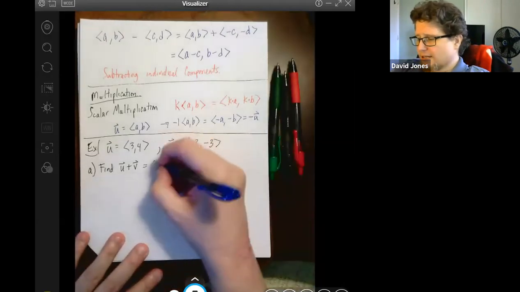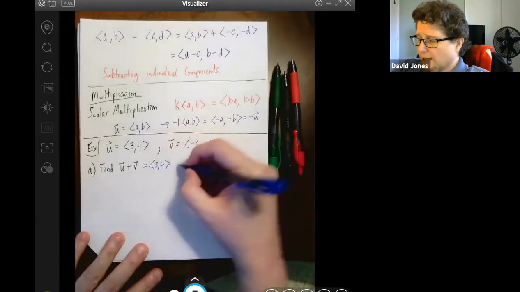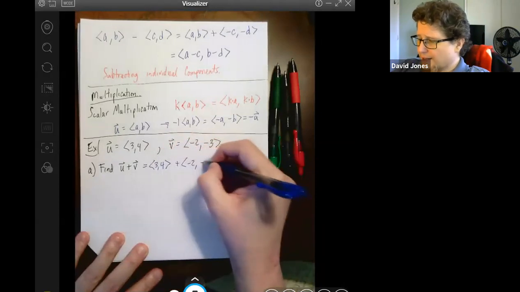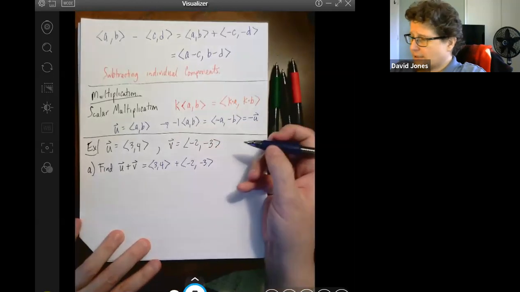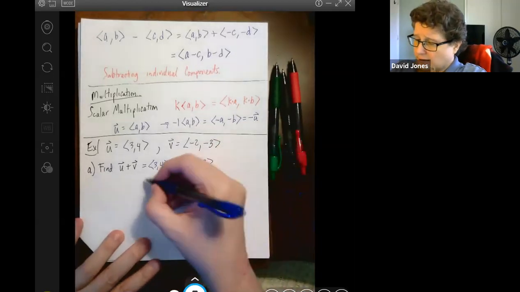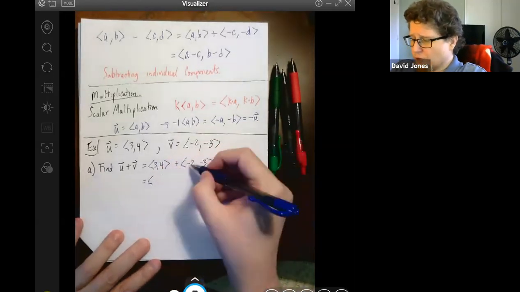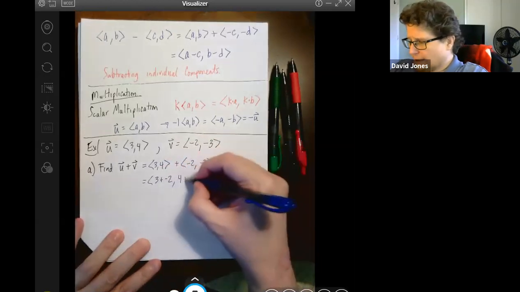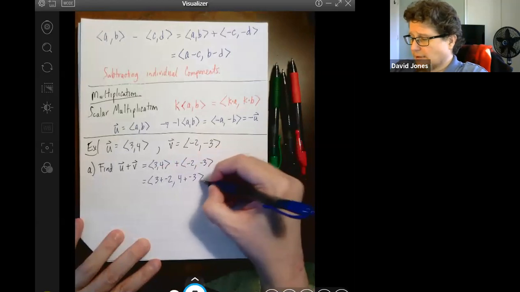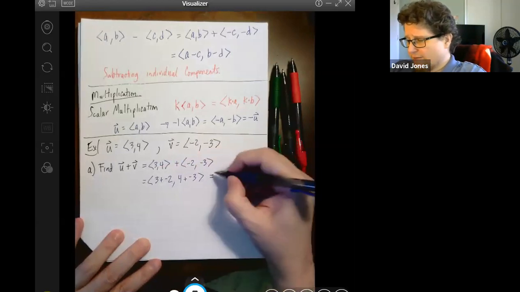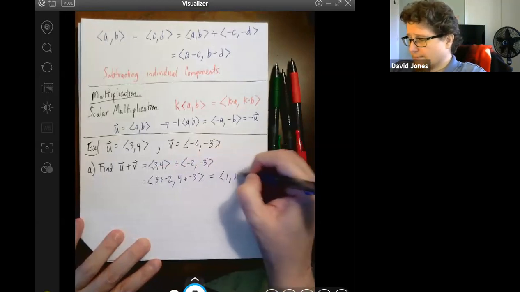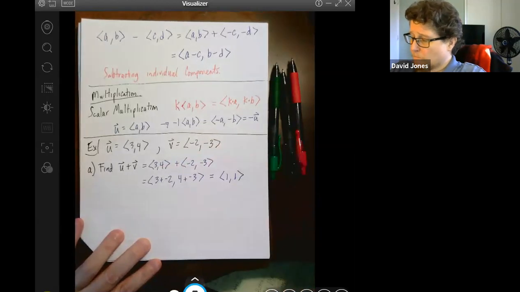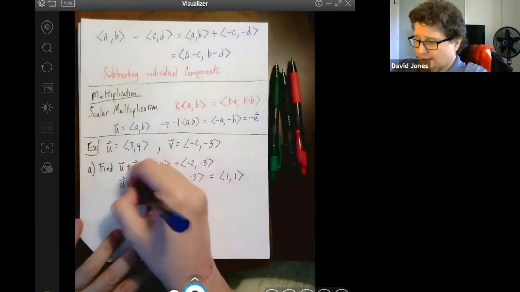So this is 3, 4 plus -2, -3. We add the individual components, 3 plus -2, 4 plus -3. And we get the vector 1, 1. That's u plus v.